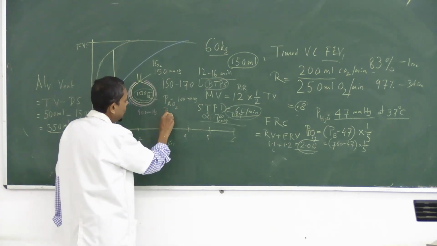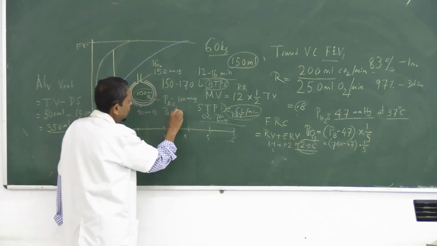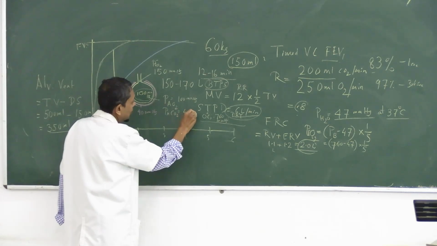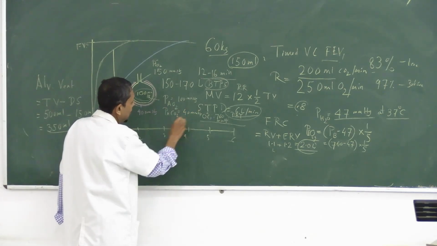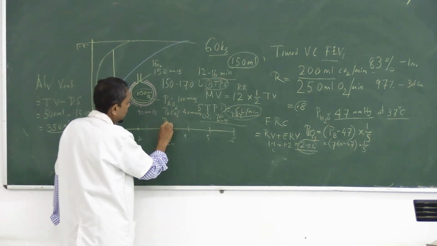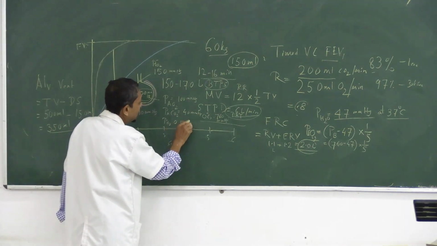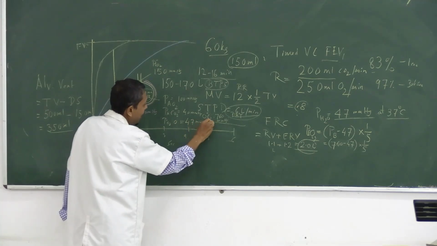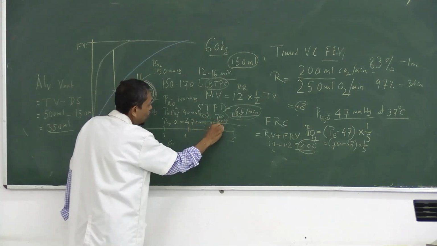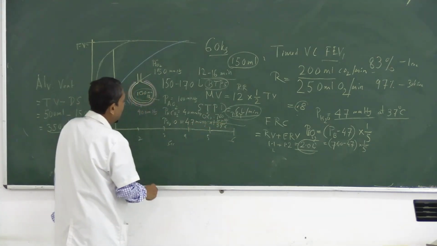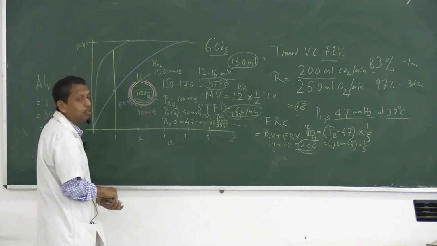And PACO2, normally it is 40 millimeter of mercury. PH2O is 47 millimeter of mercury at 37 degrees centigrade, the core temperature of the body. The remaining is the PN2.